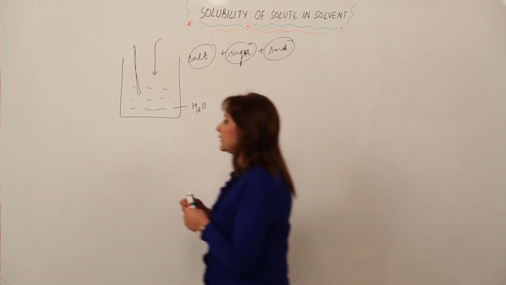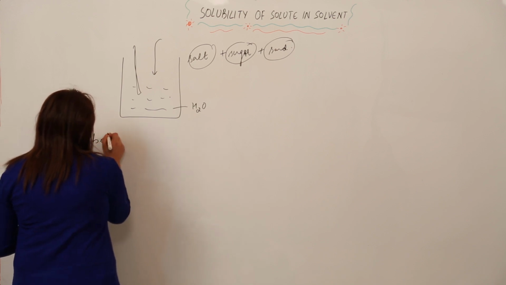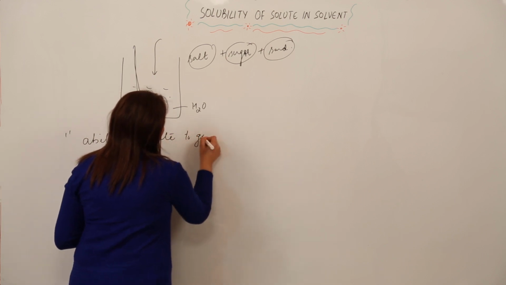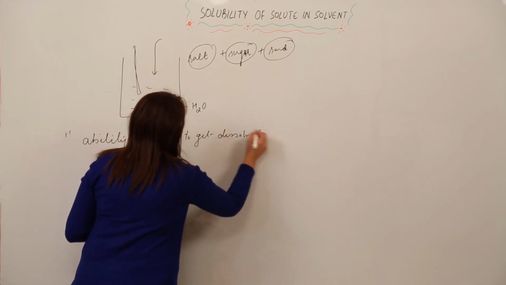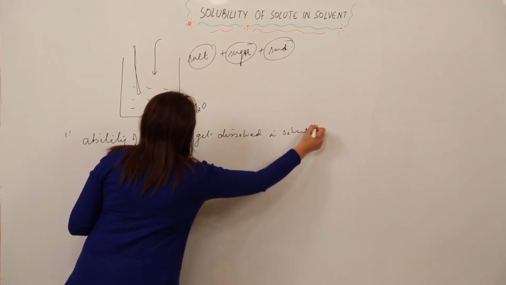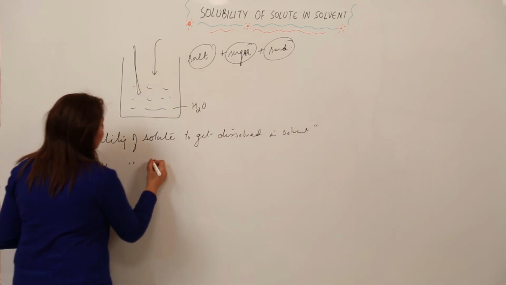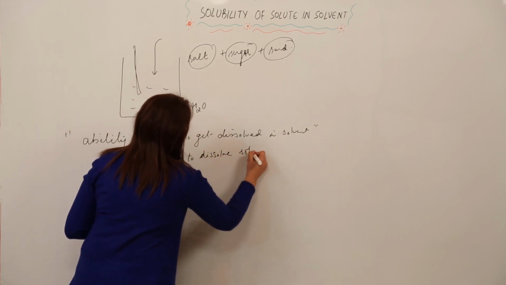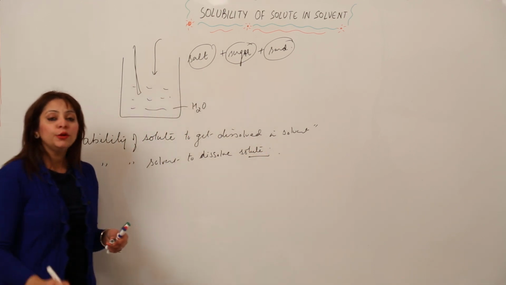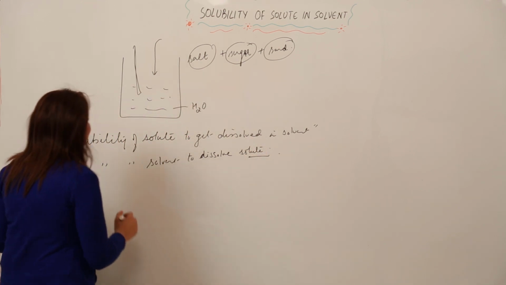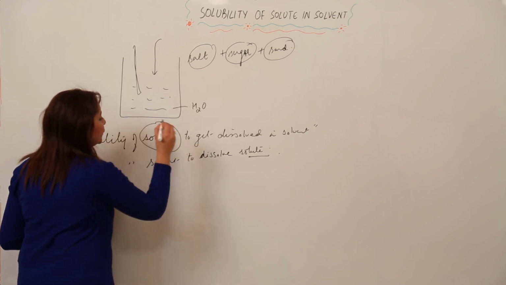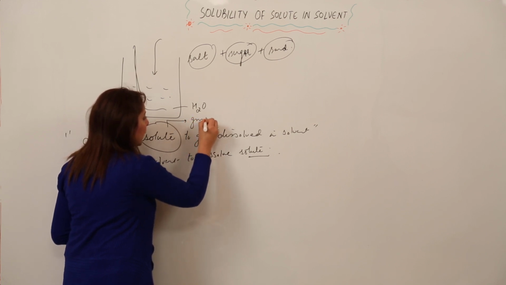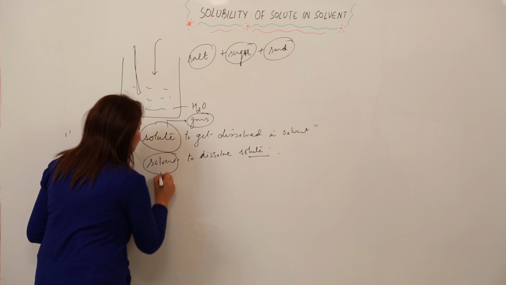So solubility means the ability of solute to get dissolved in solvent, or the ability of solvent to dissolve solute in it. In order to get a uniform result, we have fixed the amount of solute in grams, and the mass of solvent as 100 grams.